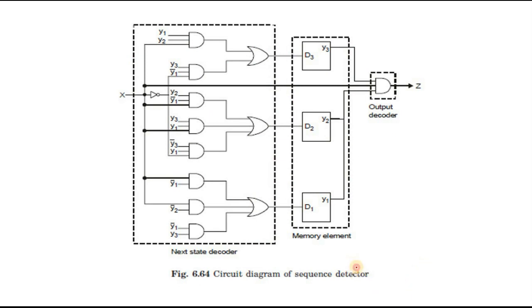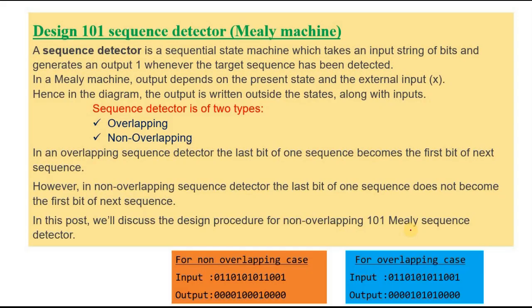That's it. So another example: design a 010 sequence detector using a Mealy machine. So what is a sequence detector? A sequence detector is a sequential state machine which takes an input string of bits and generates an output 1 whenever the target sequence has been detected. In a Mealy machine, outputs depend on the present state and the external input.